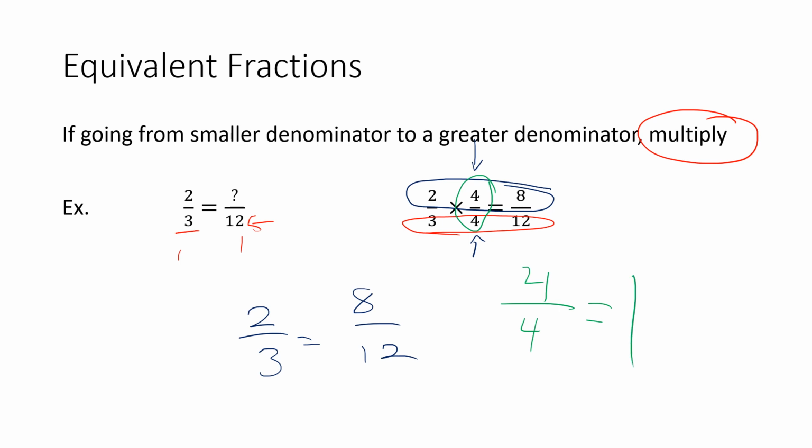We multiplied 2/3 times 1. And any number multiplied by 1 is itself, right? 2 times 1 is 2, 7 times 1 is 7, 13 times 1 is 13. So 2/3 times 1, we didn't change the value of our number when we got 8/12 as our answer.